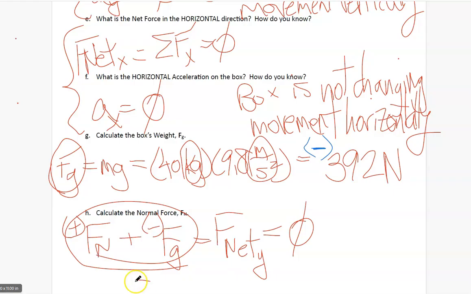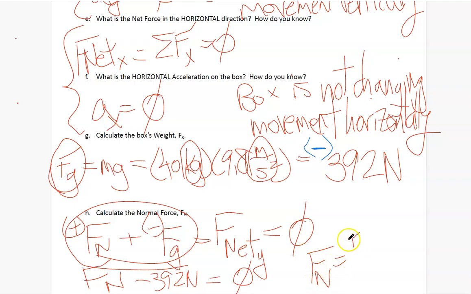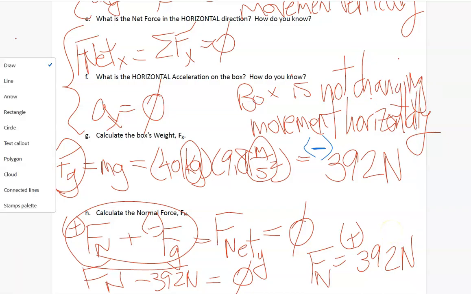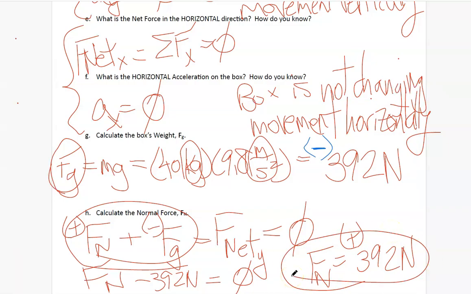If the weight force is minus 392 newtons, and we know the sum is 0, then the normal force minus 392 newtons must equal 0, and therefore the normal force must equal positive 392 newtons. You don't have to go through the math. You could just realize, oh, it's got to balance it and it's positive, and just write it that way. But I'm showing you the formula itself. So now we know the weight force and we know the normal force and we know the applied force.